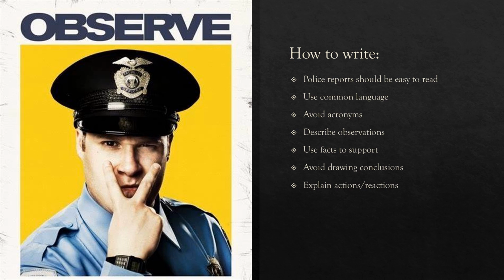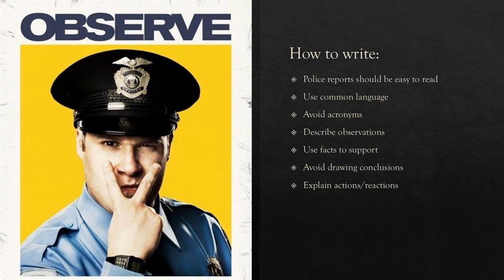So when we talk about police reports, and we'll briefly go into how to write a police report, they should be very easy for the audience to pick up and read the entirety of the report and for it to make logical sense.